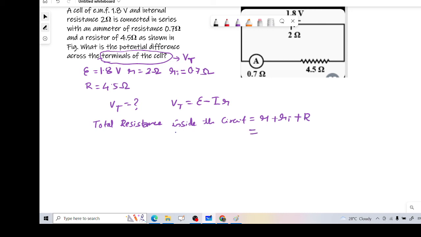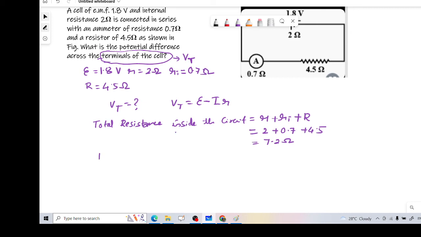So the internal resistance is 2 ohm, the ammeter resistance is 0.7 ohm, and this is 4.5 ohm. After adding all these, 2 plus 4.5 is 6.5, plus 0.7 is 7.2 ohm. So the total resistance in this circuit is 7.2 ohm.